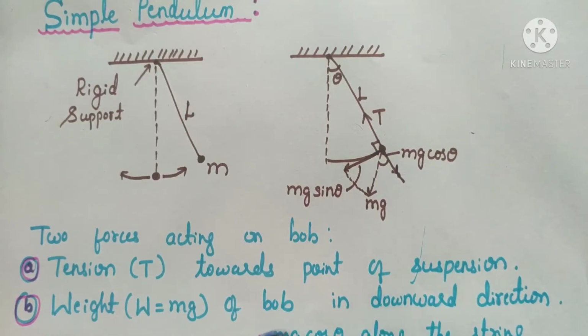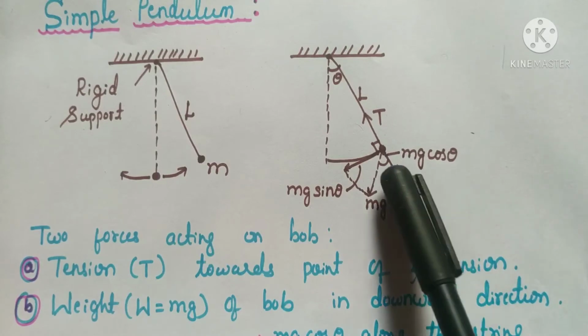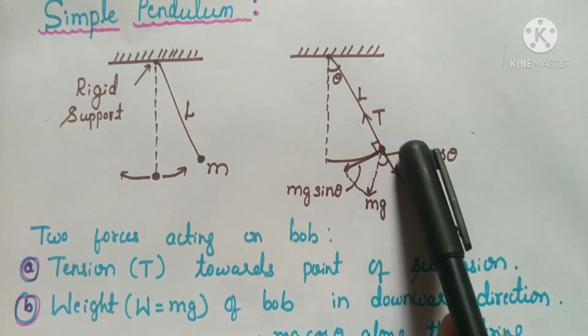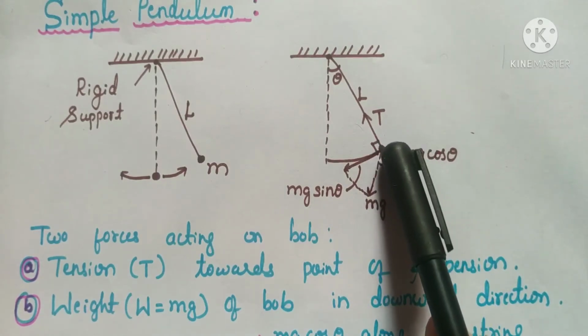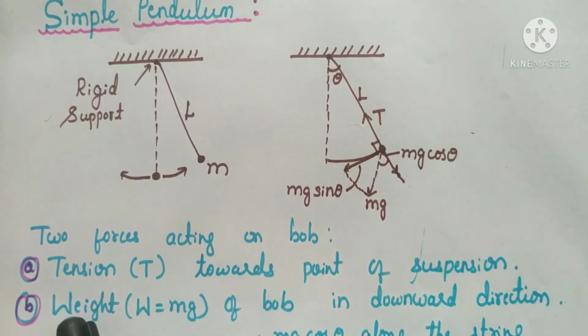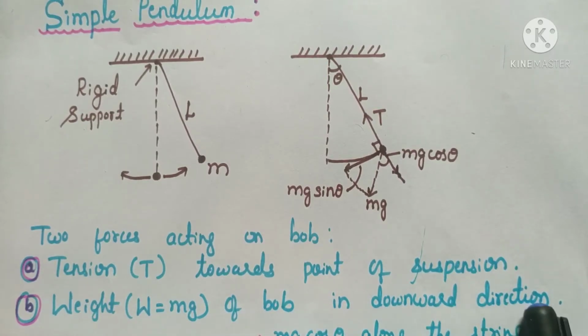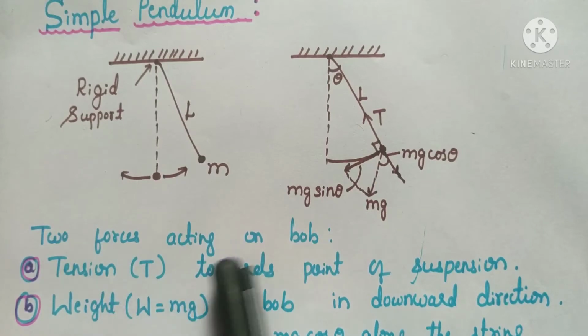So because of the gravitational force of the earth, a force is exerted on the pendulum bob, and that is weight. The second force is the weight of the pendulum bob that acts in the downward direction. These are the two forces acting on the pendulum bob.